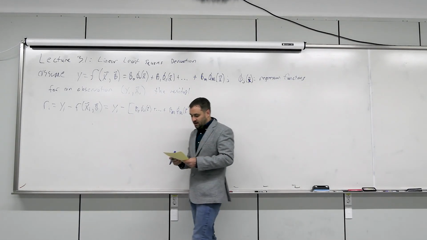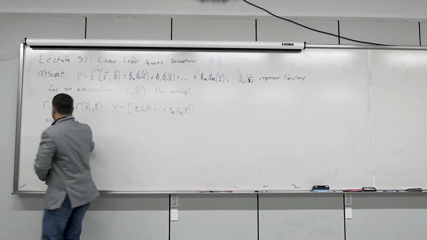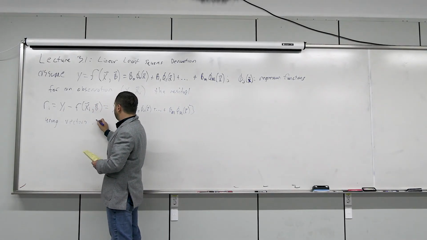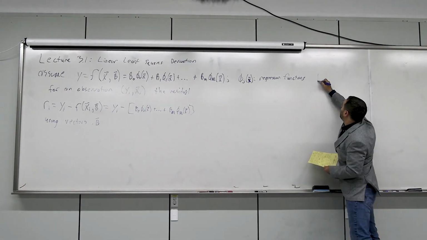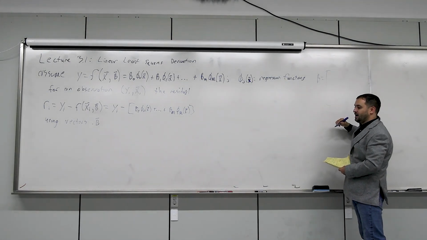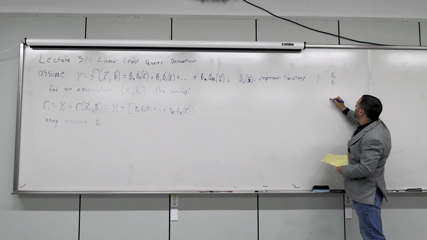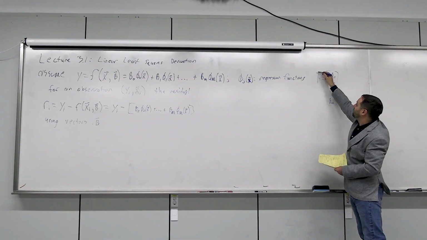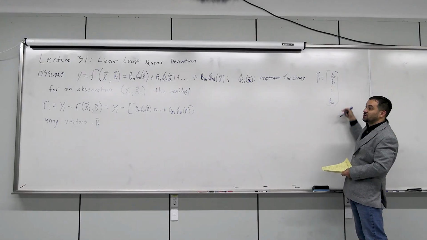Then, using vector notation, I'm going to define our vector beta. Beta is just a row vector of our coefficients, beta naught, beta 1, up to beta m. So our vector beta is a row vector containing m plus 1 fitting coefficients.